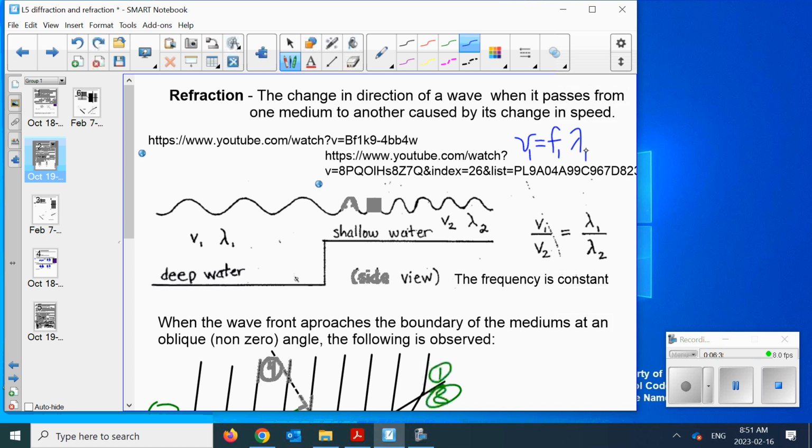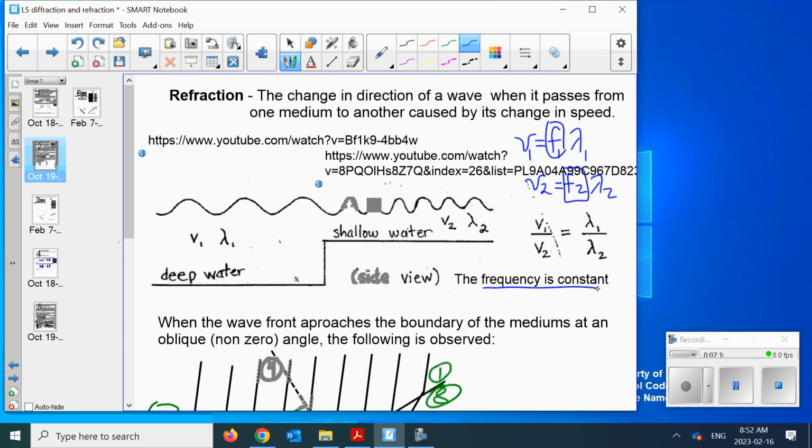Then in the second situation, when the waves slow down, V2 and lambda 2. But the same amount of time passes, same period, therefore the same frequency, as the waves go by in shallow water as opposed to deep water. So F1 and F2 are the same. Frequency is constant.